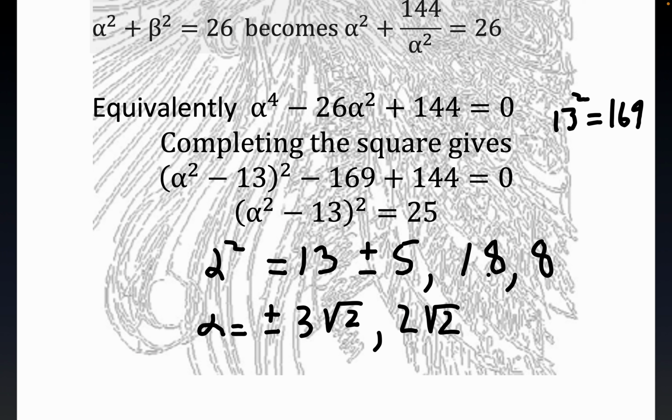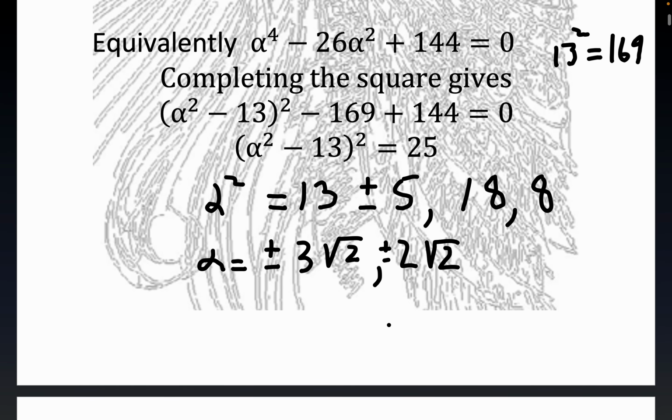Again, 18 is 9 times 2, so the square root of 9 is 3. 8 is 4 times 2, the square root of 4 is 2, and so you get this, and we have plus or minuses.